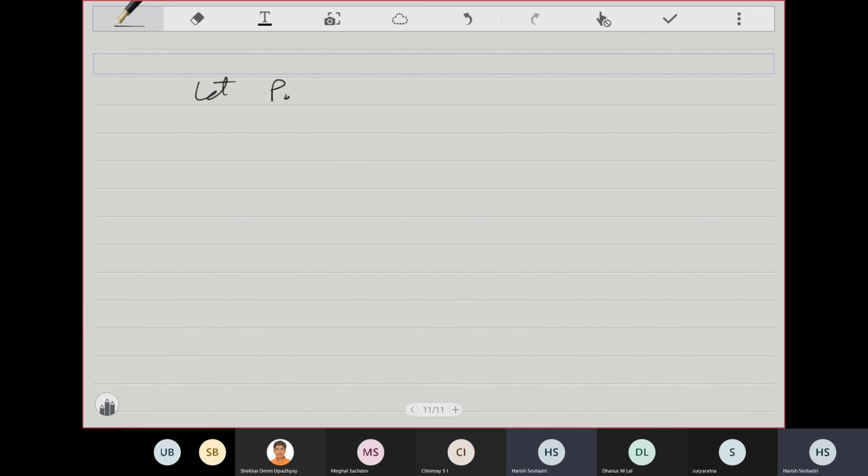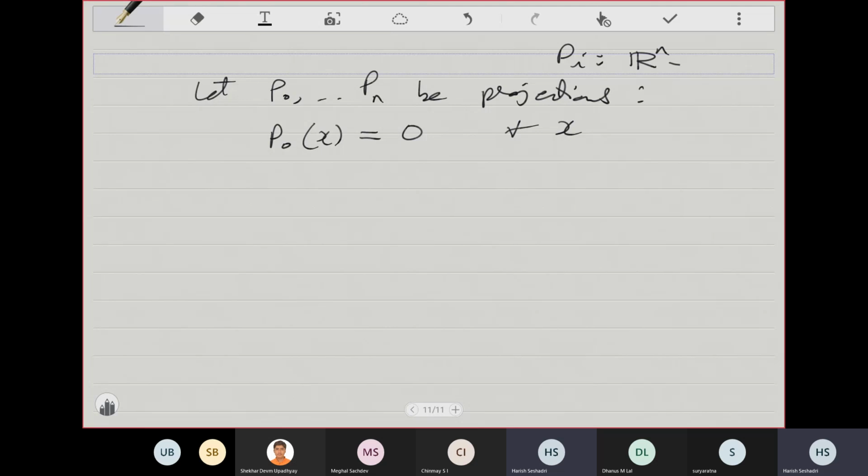Let P0, ..., Pn be projections onto various subspaces of Rn. P0 x is defined to be 0 for all x. So each Pi is a linear transformation from Rn to Rn.